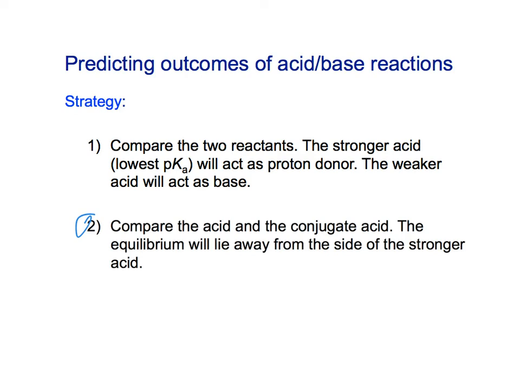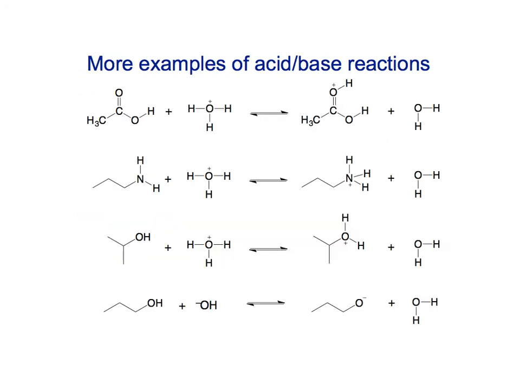The way we do this is we compare the acid from each side of the equation. The equilibrium will lie away from the side of the stronger acid. So the stronger acid pushes it in the other direction.